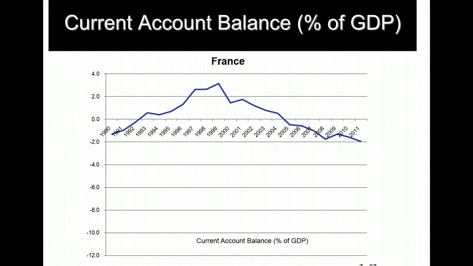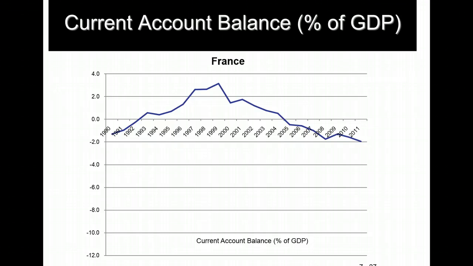When a country runs a large trade deficit, greater than 5% of the economy, you start to see its currency depreciate against its trading partners. And when a country runs a trade surplus greater than 5%, you start to see that country's currency appreciate against its trading partners.